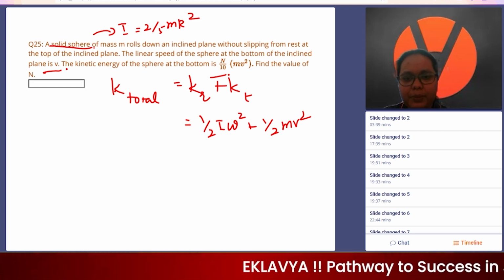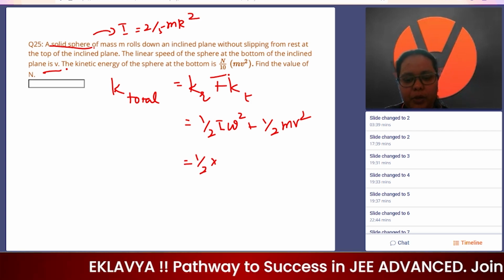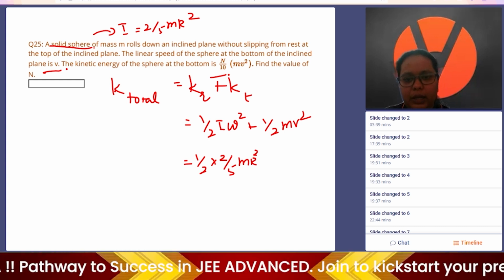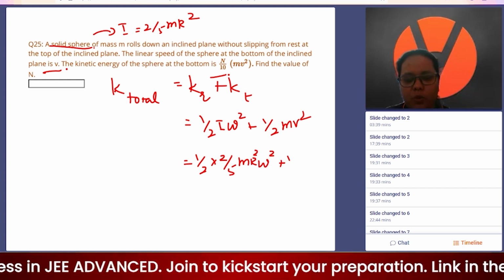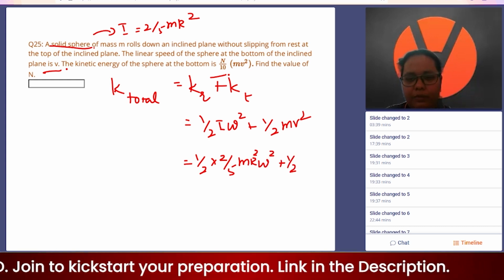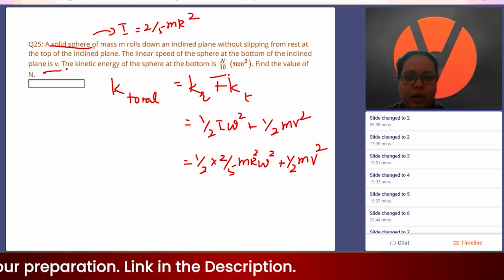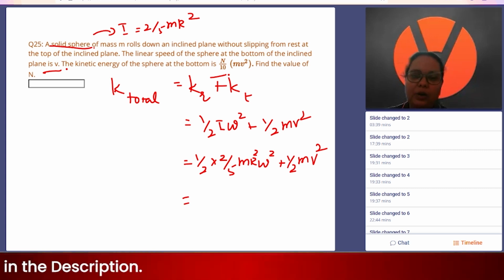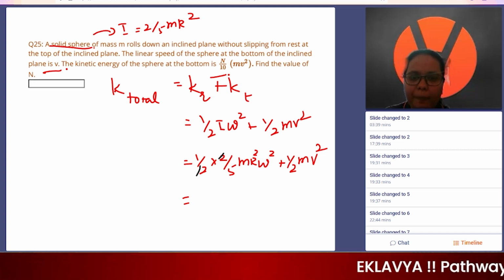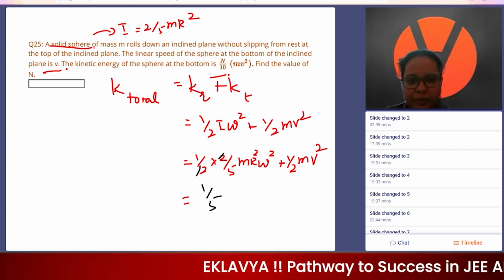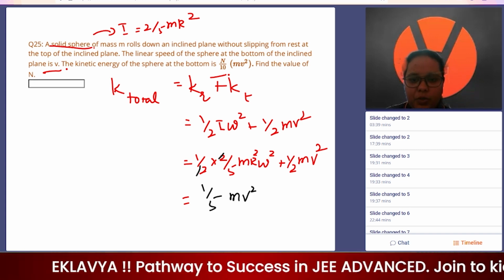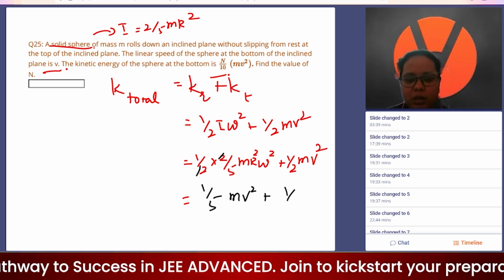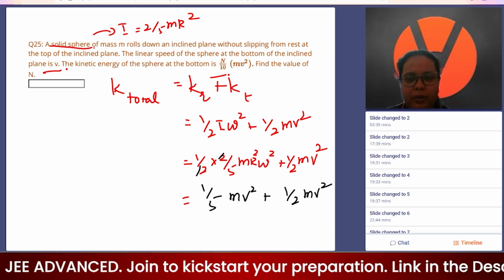So if we substitute it here, 1 by 2 into 2 by 5 m r square omega square plus half m v square. Now v is equal to r omega, what we know, so you just cancel this 2 and 2. So 1 by 5 m v square plus half m v square, right?